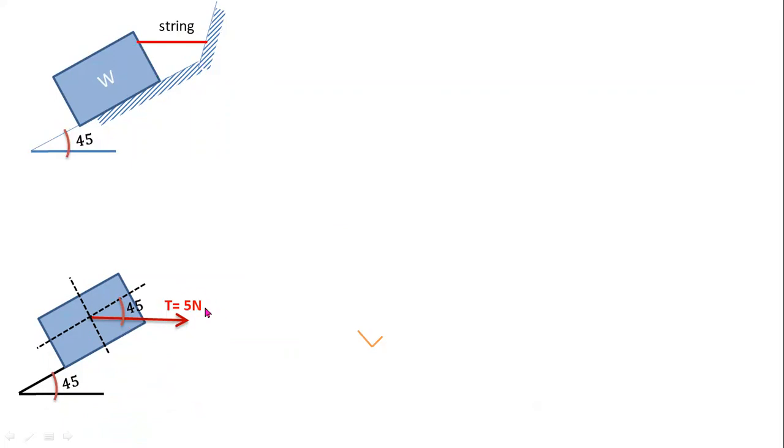The value of tension T equal to 5 newtons is already given in the question. This tension makes an angle of 45 degrees with respect to the parallel axis. Now, this is the direction of motion of the block, so the block moves downward.